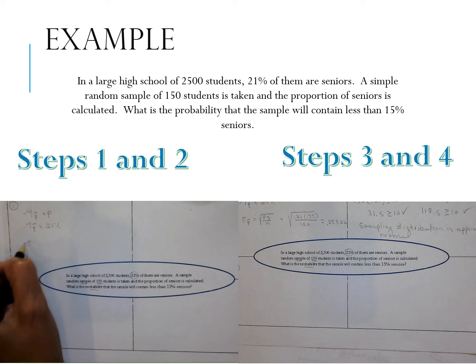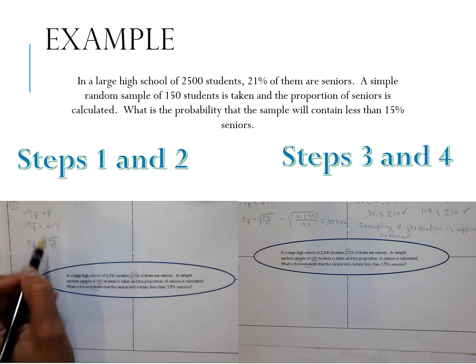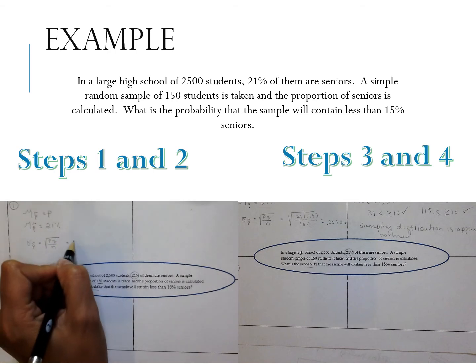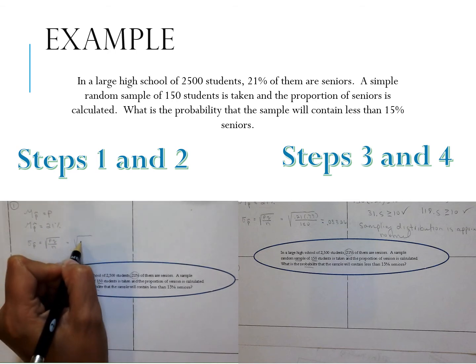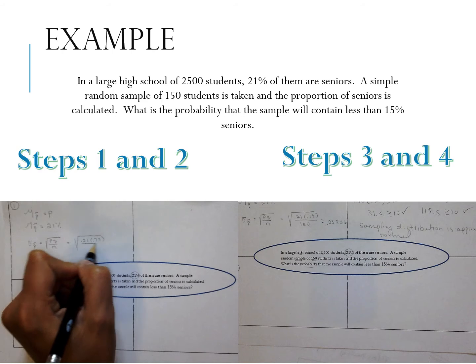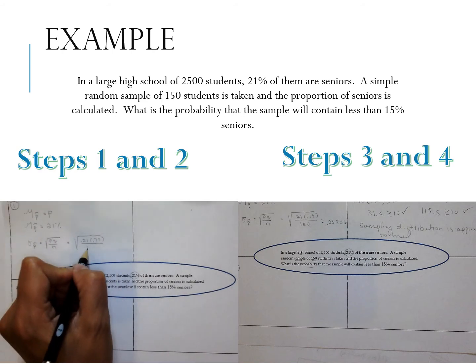The formula for standard deviation is sigma p hat equals the square root of PQ over N, where P is this proportion here, Q is 1 minus that, and N is my sample size. So this is going to be the square root of 0.21 times 0.79 divided by my sample size, and my sample size is 150.